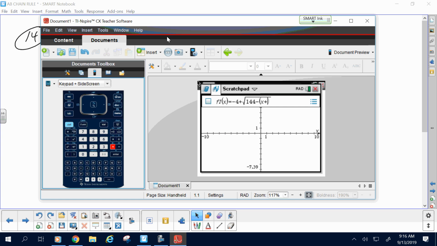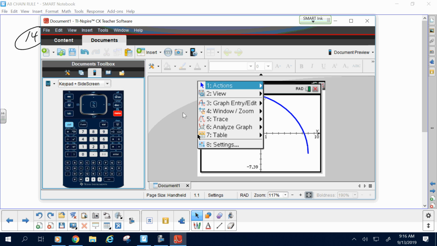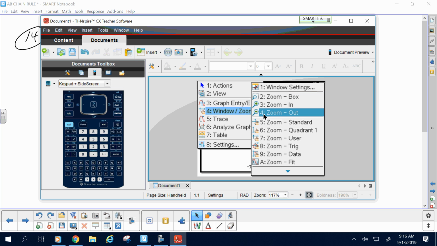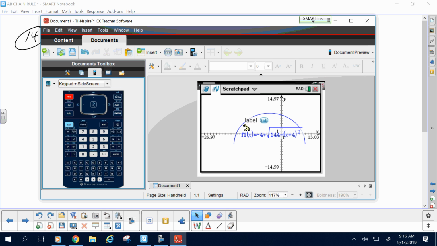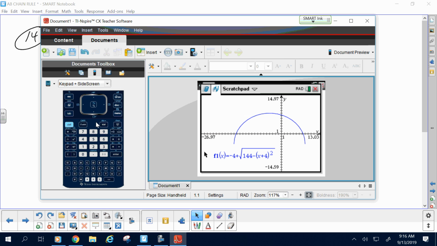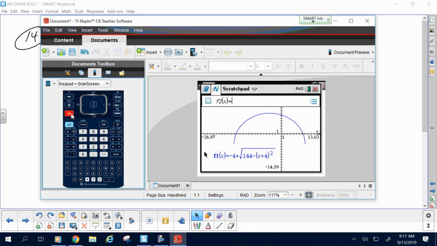Plus 4) squared. All right, I might zoom out a little bit. Okay, very cool. Now I think it said in the rest of it graph 16 over x, if I'm not mistaken. 16 divided by x looks like that.